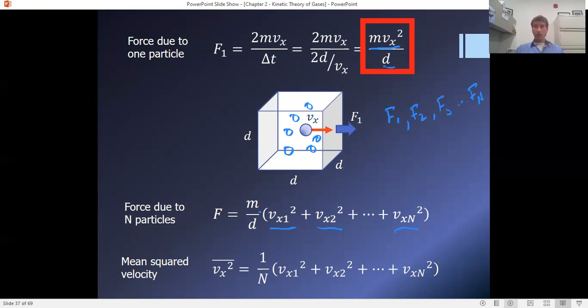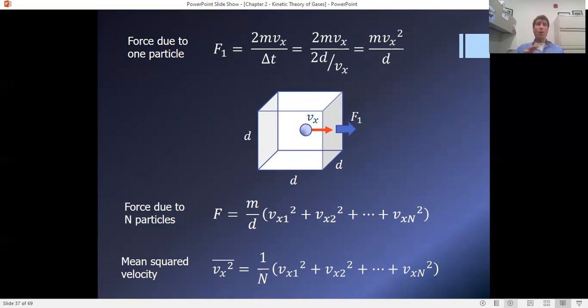So the total force on the wall is going to be this new expression right here. Now, again, we are not interested so much in what one particle is doing at any one time. We are interested in the average effect of all the particles.